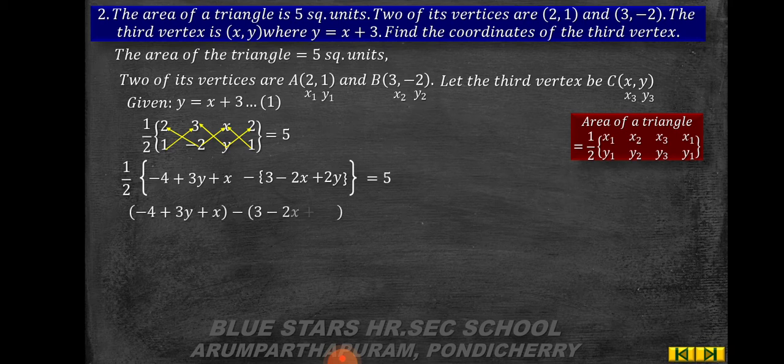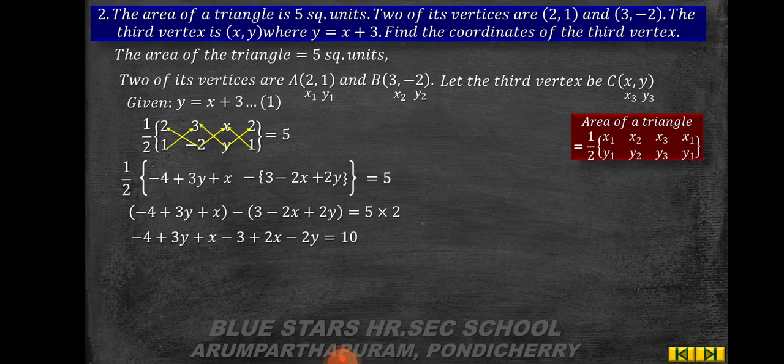Then the next step is cross multiplication. We are taking 1 by 2 to right hand side. So it will become 5 into 2. So -4 plus 3y plus x minus 3 into -3 minus 2x plus 2y, which is equal to 5 into 2. Therefore -4 plus 3y plus x, you have to multiply minus sign throughout.